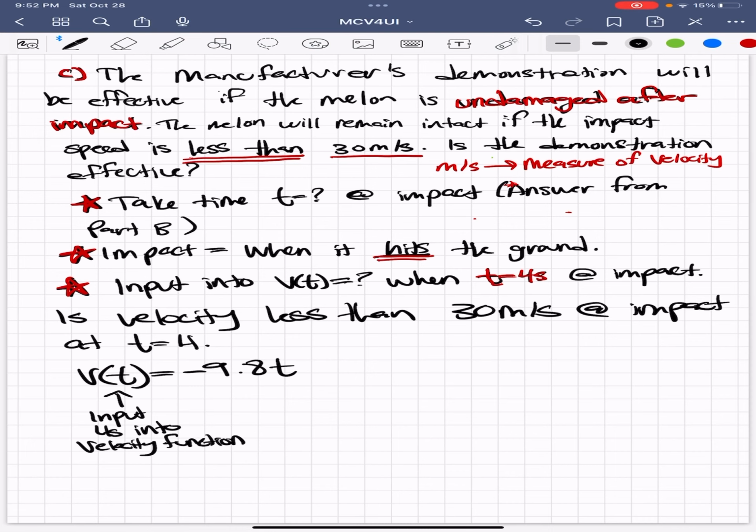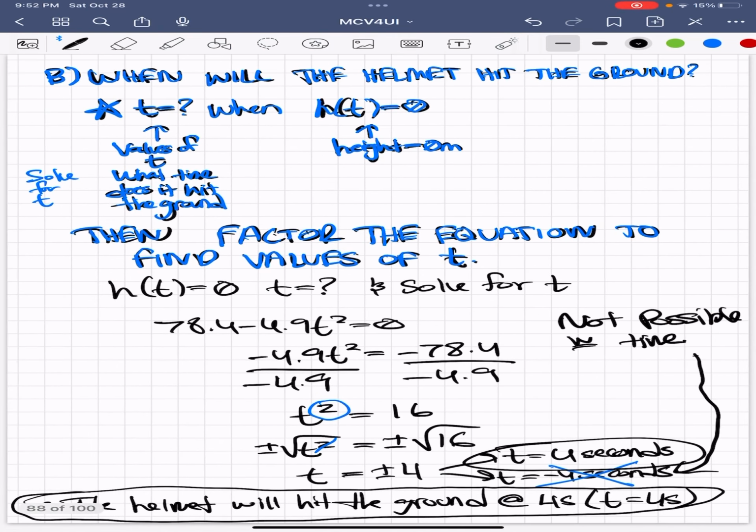4 seconds, if we go back to this question, is the time of the impact. It is when the helmet hits the ground. That's what we found in this question.